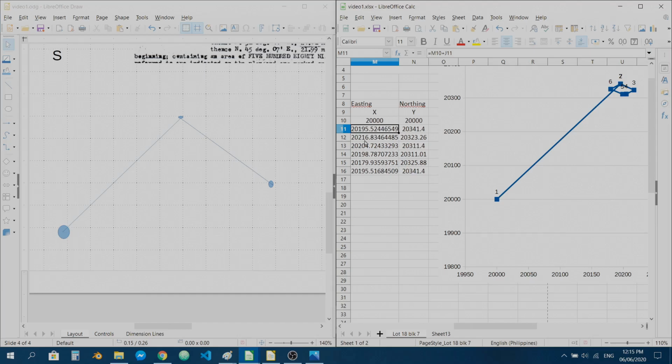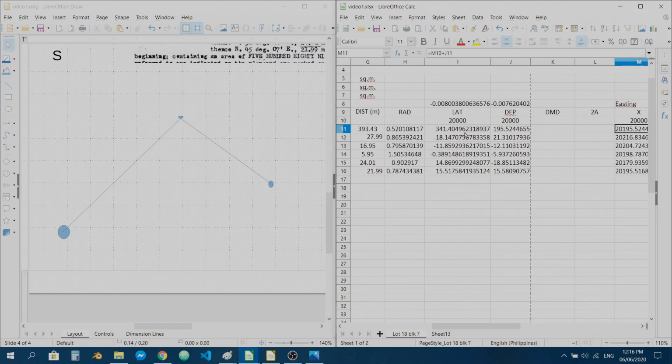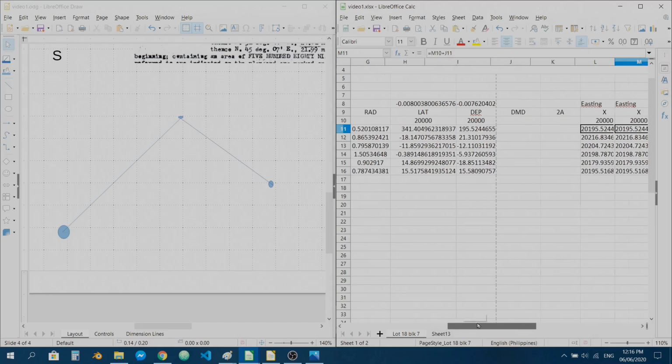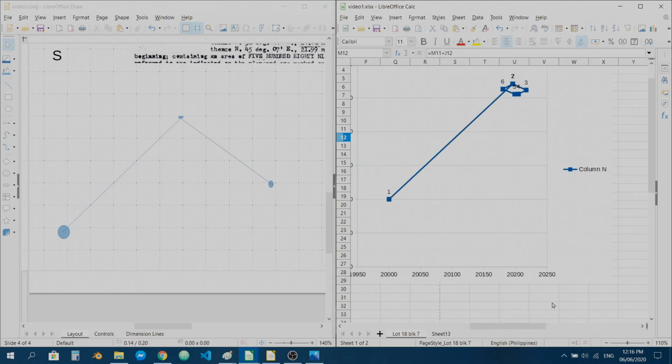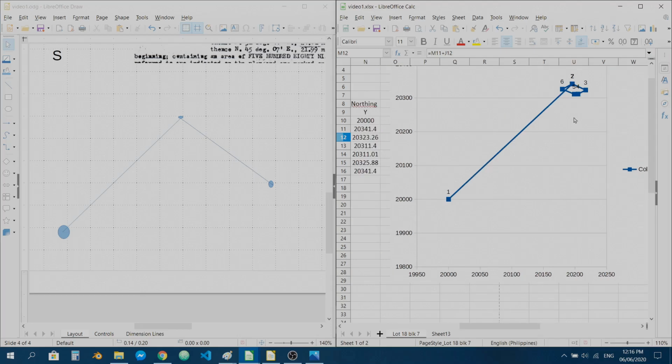Since it's still from point 1 to point 2, it still goes to the right. So, i-add natin yung corresponding latitude, departure niya, which is this one. So, pag plinot natin, andito siya.